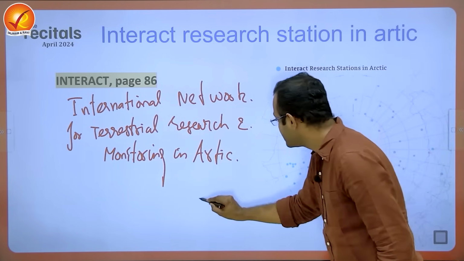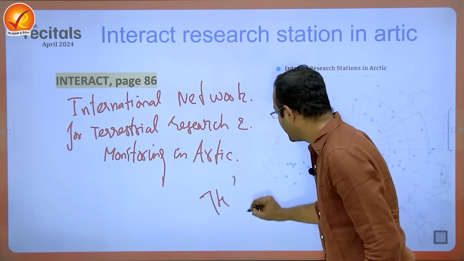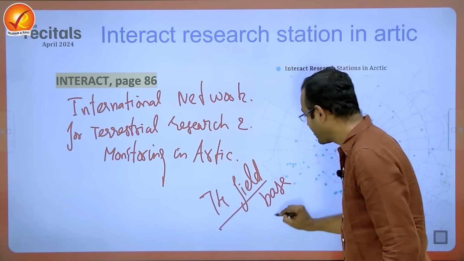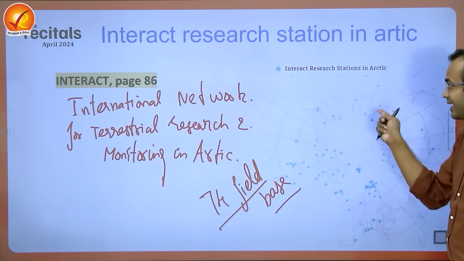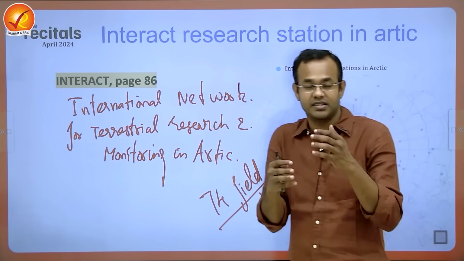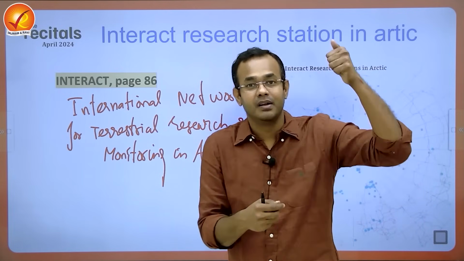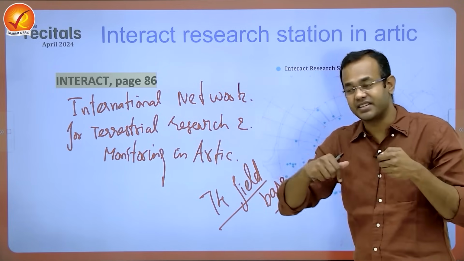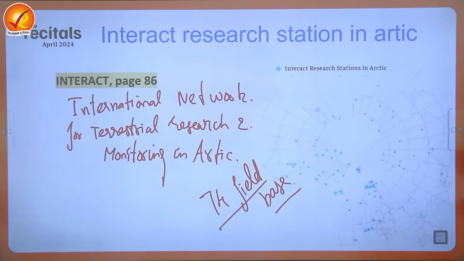We do have 74 field bases currently with respect to the Arctic regions. This is spread across countries of Europe, North America and the Asia part, which are present within the Arctic regions, right. INTRACT, International Network for Terrestrial Research and Monitoring in Arctic, where we do have 74 field bases, right.